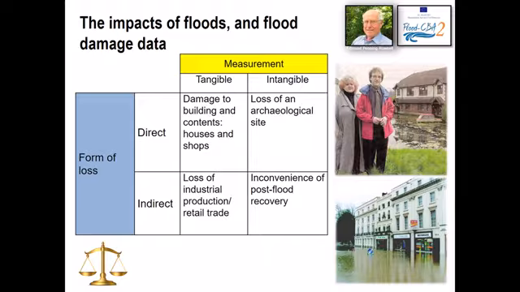The indirect damages being the loss of industrial production in a factory affected by floods, either itself affected or the routes and communication links to the factory being disrupted by flooding. So all these flood damage and flood loss items are important, but not all of them can be included in cost-benefit analysis. Usually only the tangible ones can be included in this way.